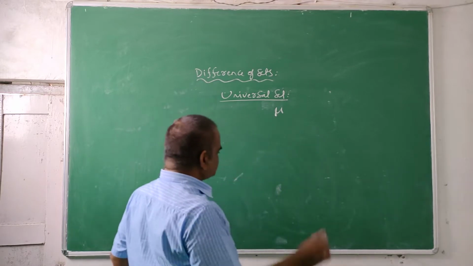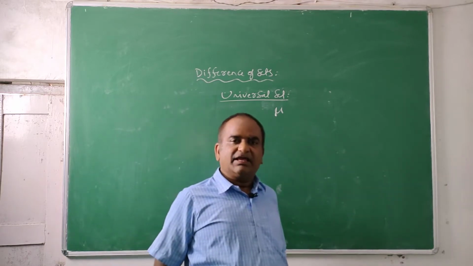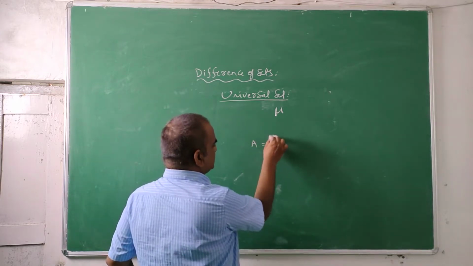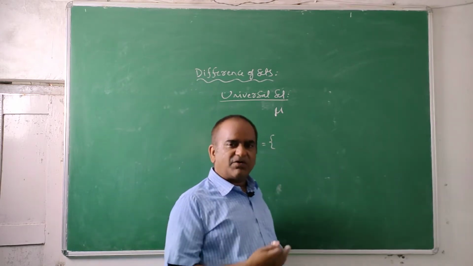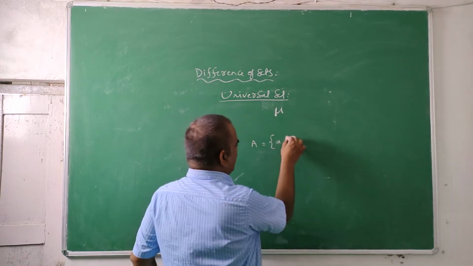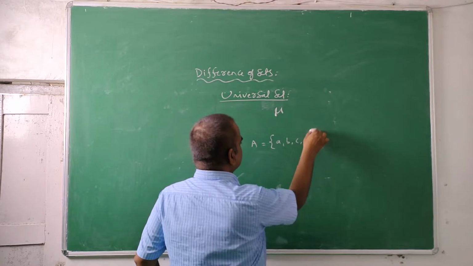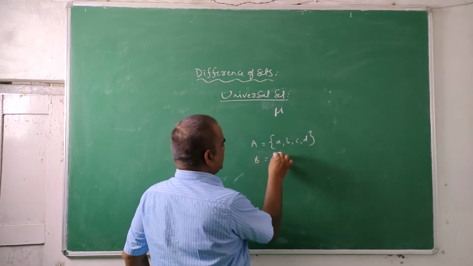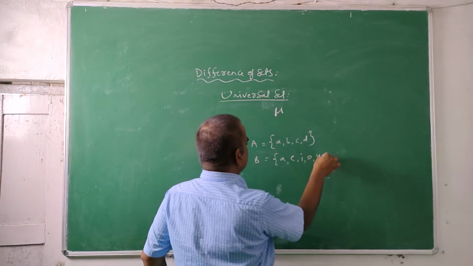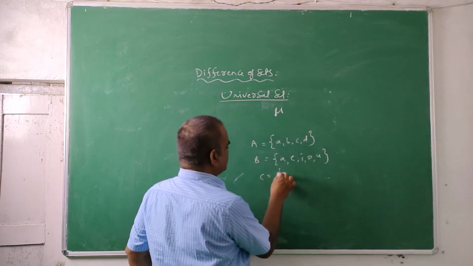Now, I will explain taking an example. Suppose in a problem, the following sets are under discussion. Say A is equal to {A, B, C, D}. Say B is equal to {A, E, I, O, U}. Say C is equal to {X, Y, Z}.